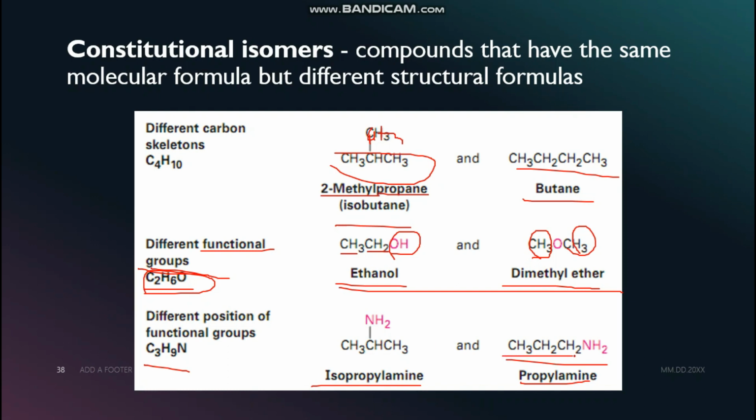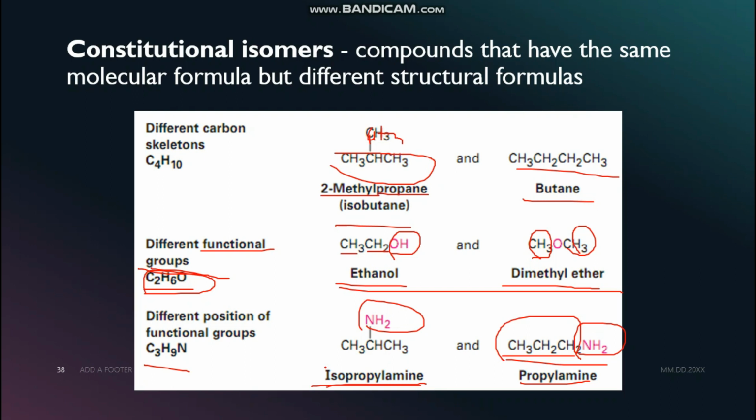So meron siyang tatlong carbon. So that's propyl, and the amine group, which is NH2. So that's propylamine. And we also have the isopropylamine. So etong amine group is bonded on the second carbon.